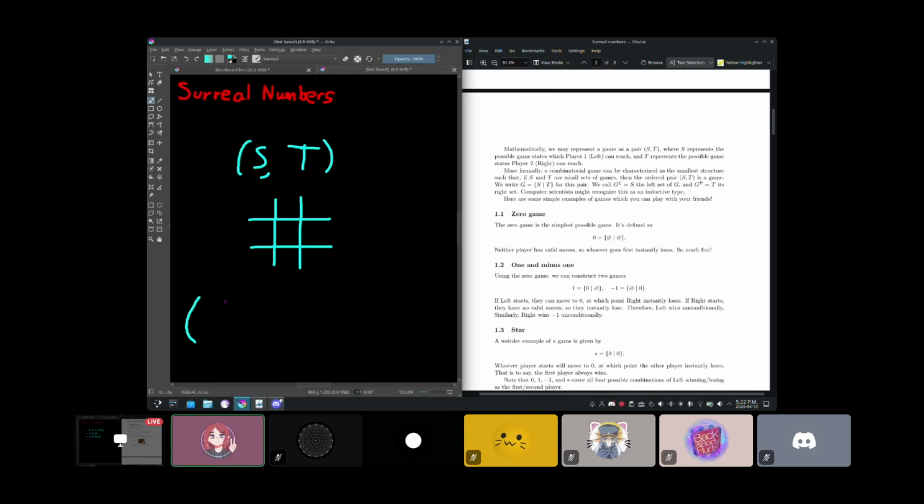Let's say that the Left player is X, and the Right player is O. The set of possible game states, or simply games, that the Left player can reach would be placing here on the top left, placing here on the top middle, and all the other options. It's 9 in total, I should say. And this is the set for the Left player.